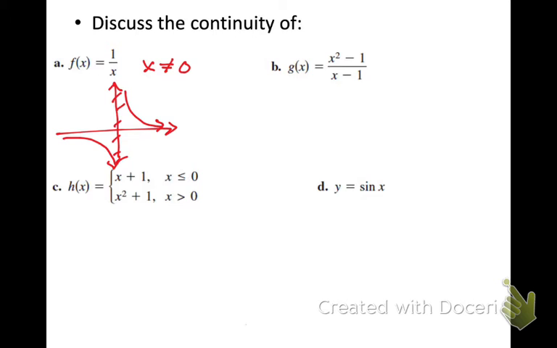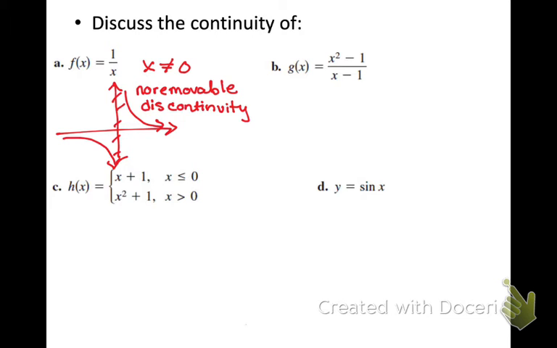But is an asymptote a removable discontinuity or a non-removable? It's non-removable. I can't fix it, right? It's a non-removable discontinuity because I couldn't reduce it out. It's an asymptote. It is there. It is the wall.